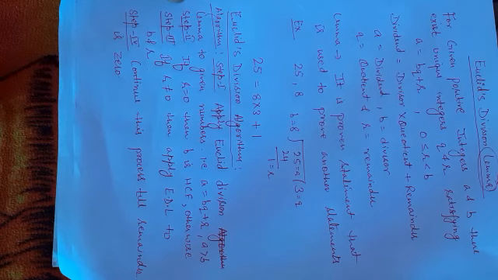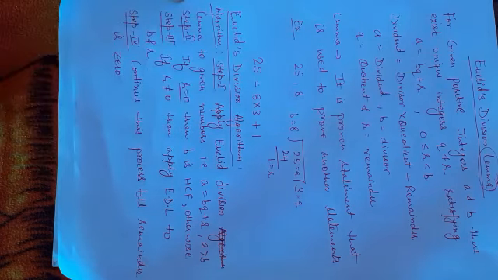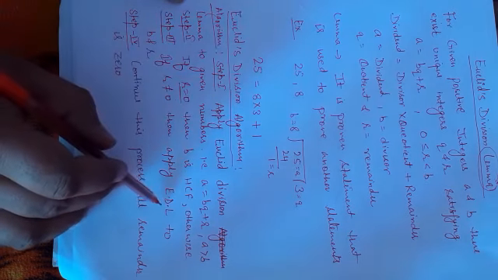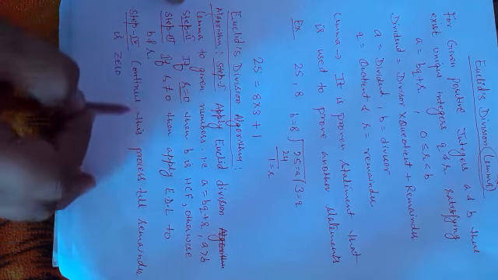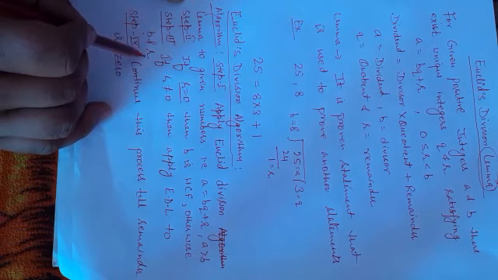So first you will apply step 1, the Euclid division lemma, and if you have remainder 0 in the second step, then your divisor is your HCF. And if your remainder is not equal to 0, then you will apply Euclid's division lemma to your divisor and your remainder.